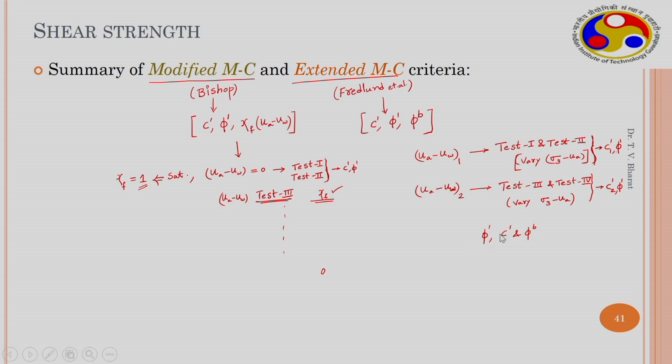We do not even require tests at the fully saturated state in the case of the Fredlund et al. model, that is the extended M-C criterion. So this way we can obtain the strength parameters using the modified M-C criterion and extended M-C criterion by conducting different sets of tests under suction control, in suction-controlled triaxial or suction-controlled direct shear tests. Thank you.